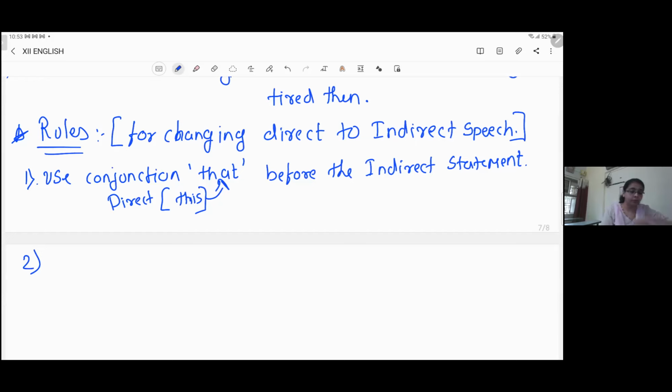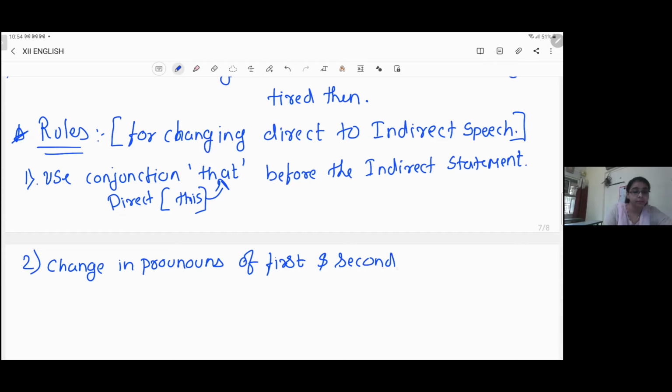Now, second. Change in pronouns of first and second person.